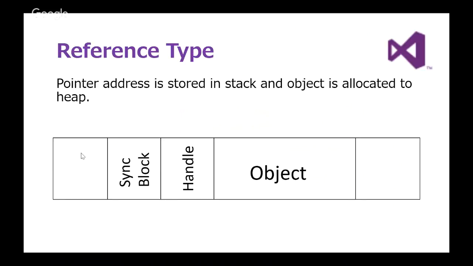So whenever a function tries to get the argument, it sees the pointer and goes into the heap to get the data, then it can do whatever it wants. So there is some overhead, but the reason is that a reference type is bigger than a value type, and it's not a great idea to store everything in the stack.